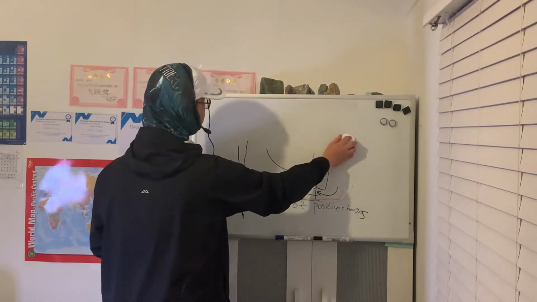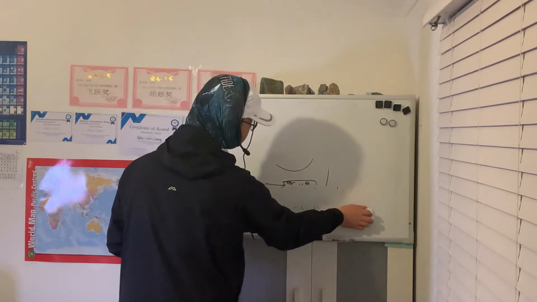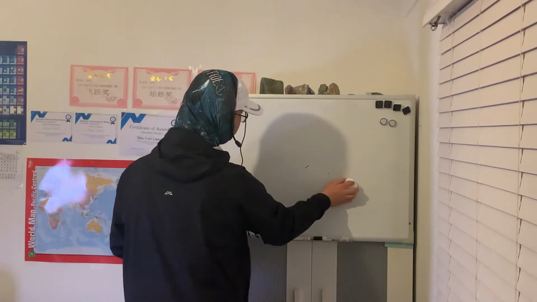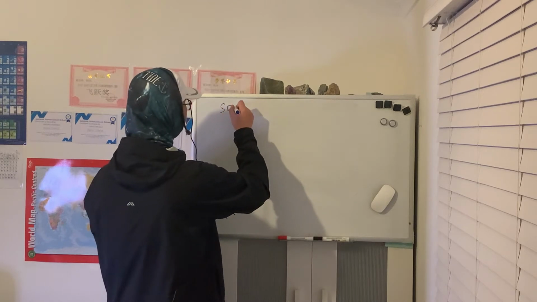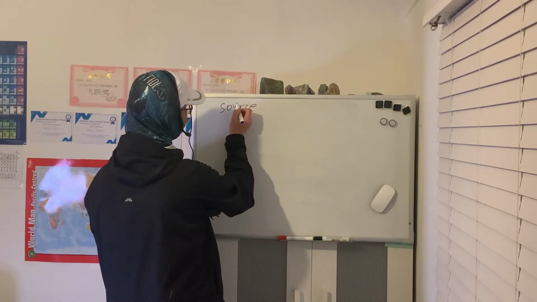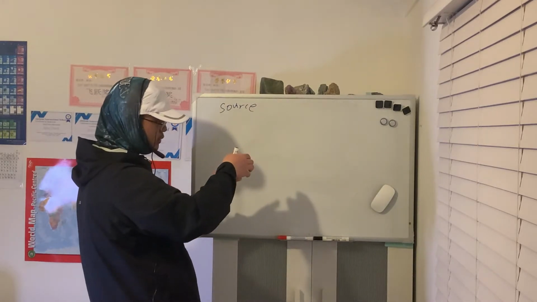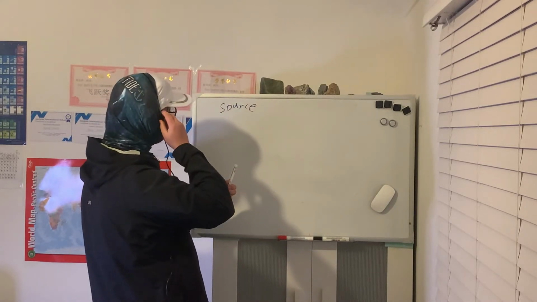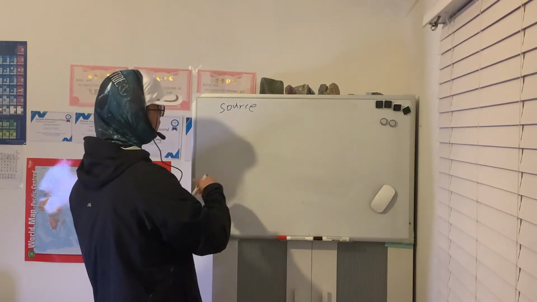So a circuit must have at least 3 components. The first one is the source. In this case, it's the battery. It can be a signal, it can be the power from the power point, the 240 volts AC.